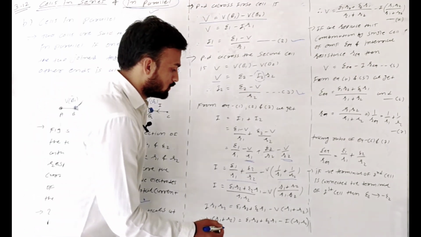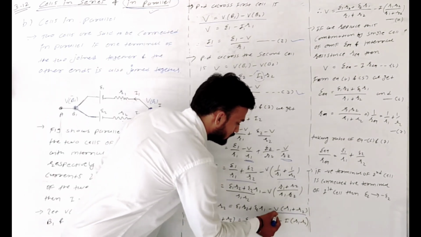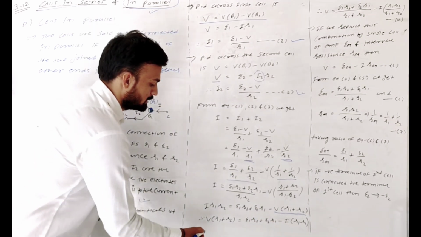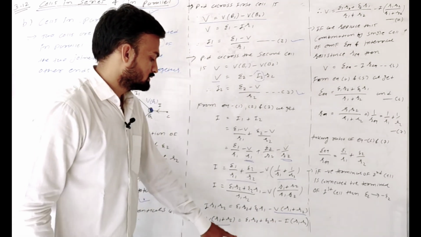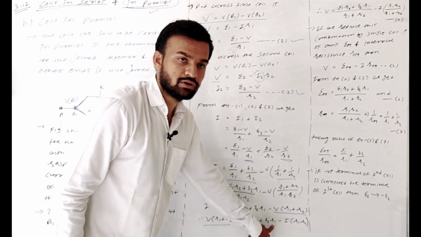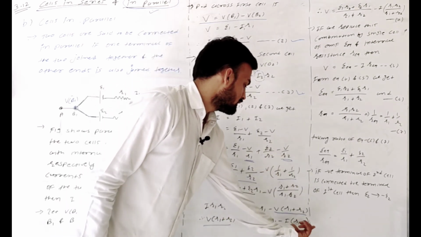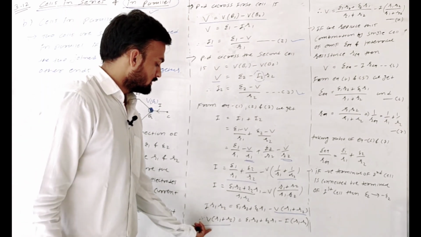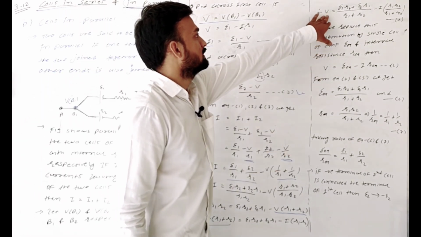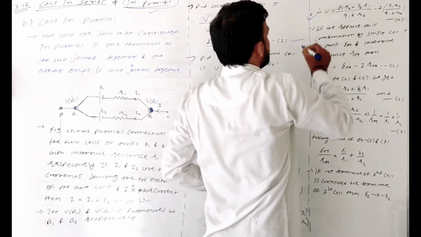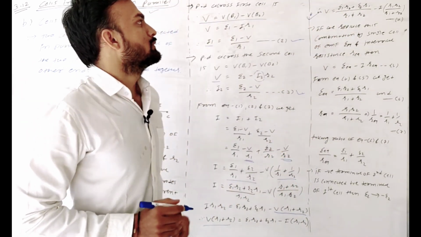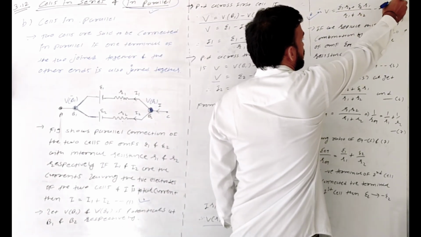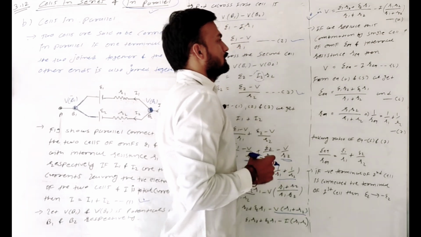Now taking this step, V times R1 plus R2 is equal to E1 R2 plus E2 R1 minus I R1 R2. Now taking V as the subject, V is equal to E1 R2 plus E2 R1 upon R1 plus R2, minus I R1 R2 upon R1 plus R2.